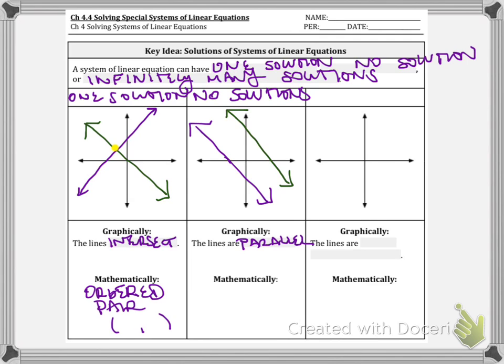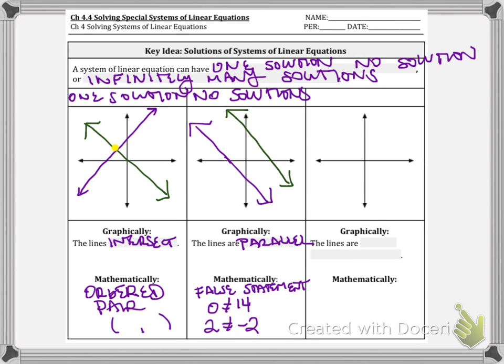And then if you solve for it, you would get a false statement. An example of that would be 0 does not equal 14, 2 does not equal -2, right? Those are not the same.